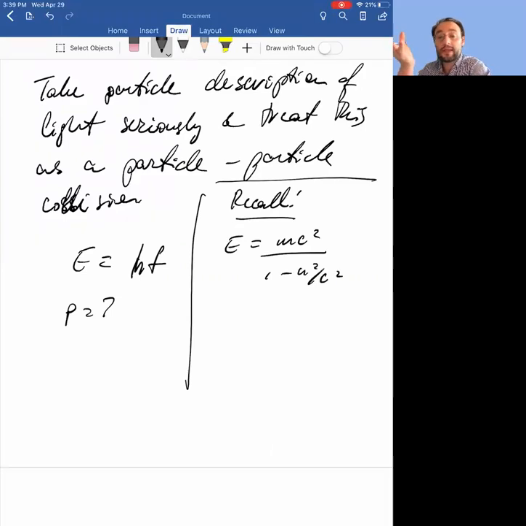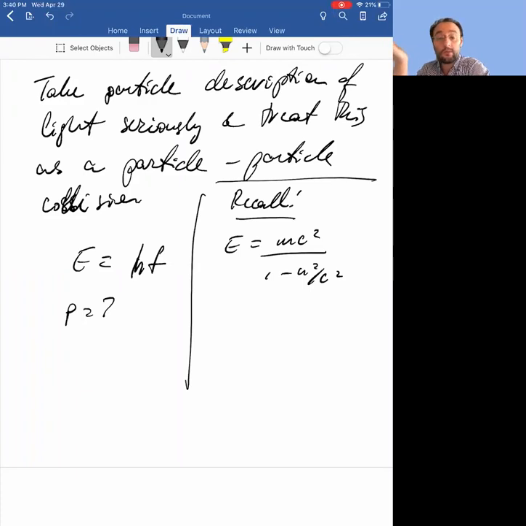Which is okay for massive particles, but what about for light? Light travels at the speed of light, so it suggests that for massive particles, going at the speed of light requires an infinite amount of energy, but it also suggests that this formula might not work if a particle is massless.